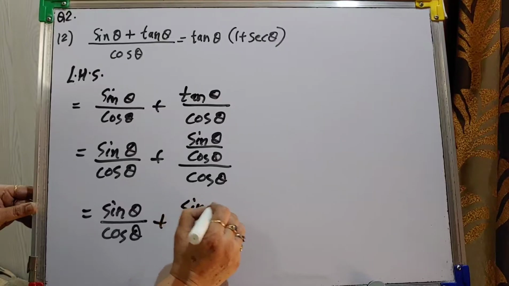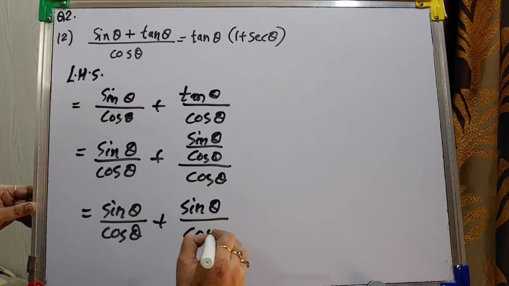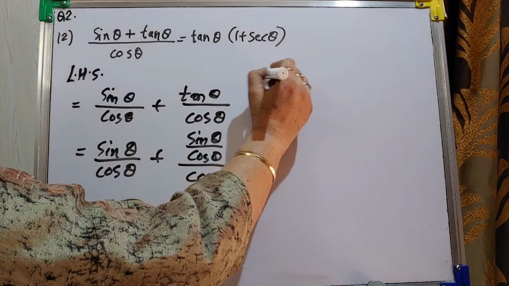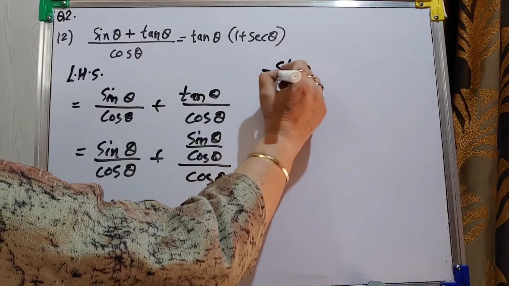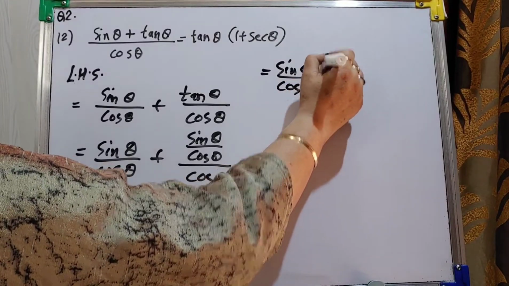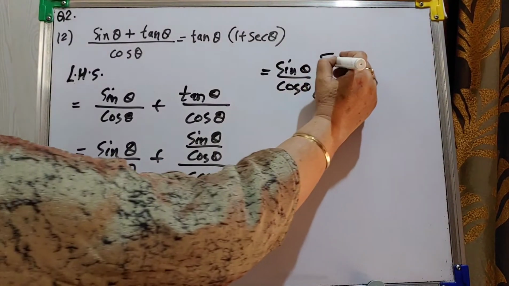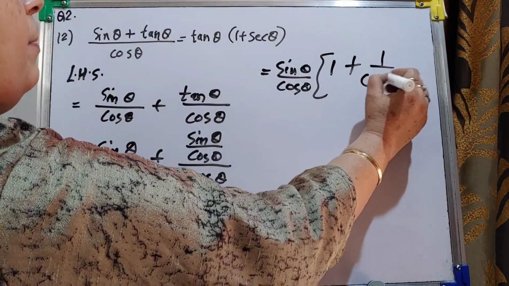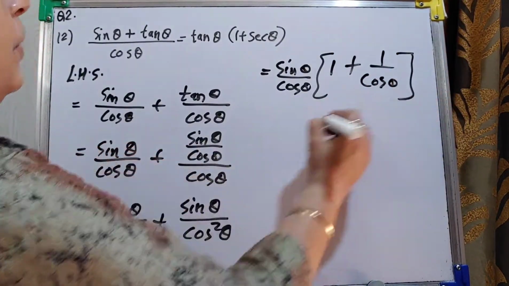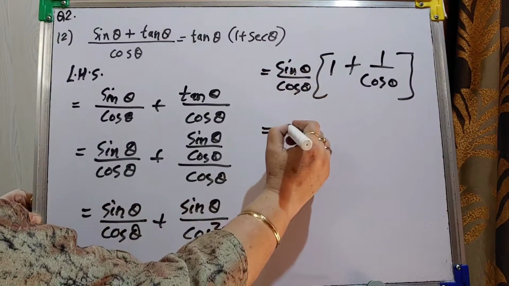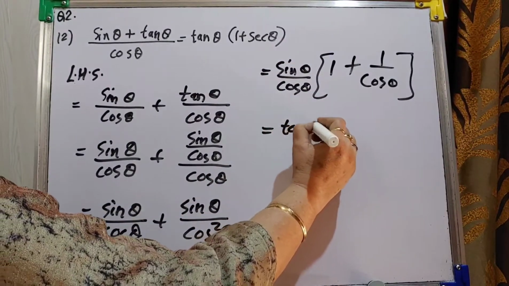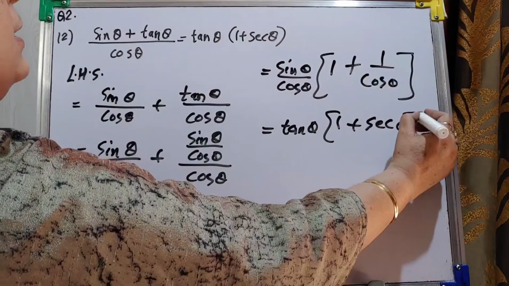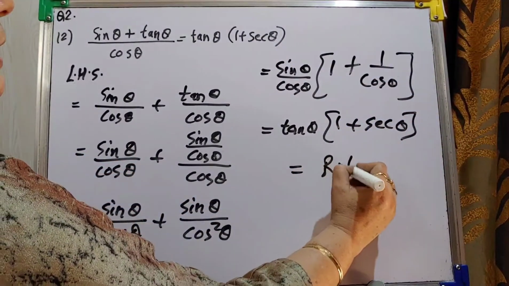So it will be sin theta upon cos square theta. Now what I will do, from both the part, I will take sin theta by cos theta common. So instead of this, 1 plus, sin theta by cos theta I have taken common. So 1 by cos theta remains inside. You know that sin theta by cos theta is tan theta. 1 by cos theta is sec theta. That is only our right hand side.